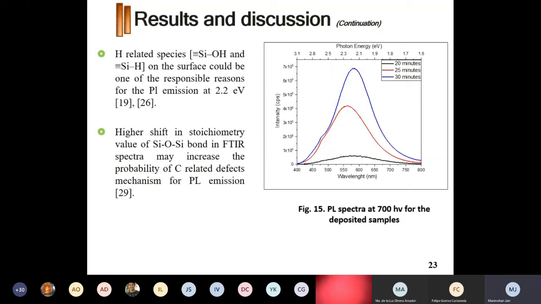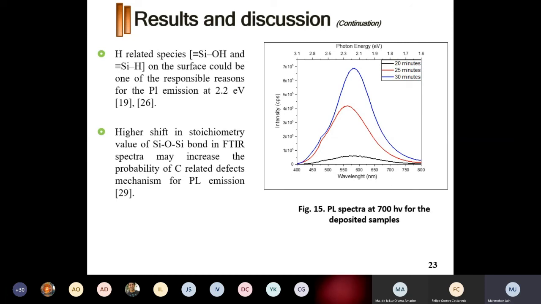Here we can see the photoluminescence spectra of the deposited samples, and the peak of the photoluminescence of these samples is around 2.2 electron volt, or near 580 nanometer. This peak is related to emission due to hydrogen-related species like silicon oxyhydride or silicon hydride-related defects on the surface.